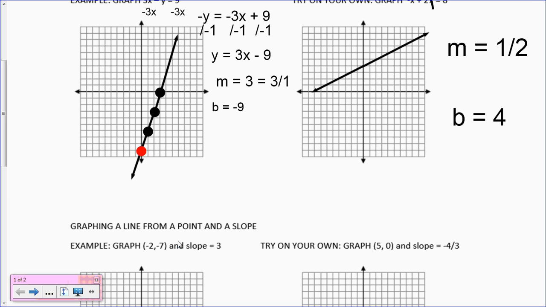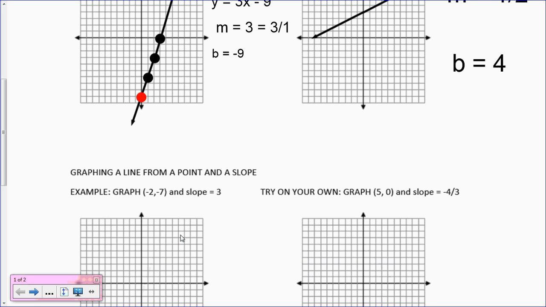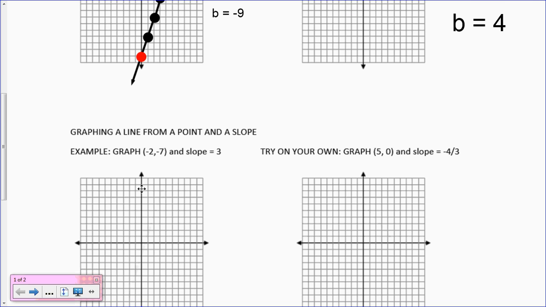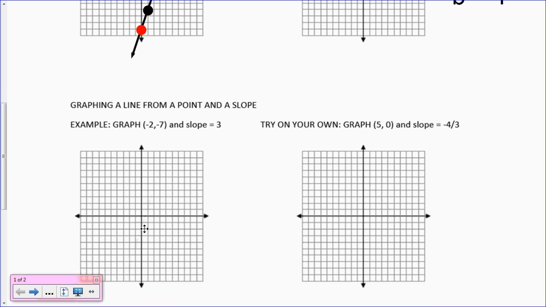Graphing a line from a point and a slope. This is very similar to graphing it from an equation, except we don't have an equation. But we're given a point, so that's actually going to be our starting point. We're going to graph the point first. So negative 2, negative 7 is right here. We plot that point, and again, we're using the slope.